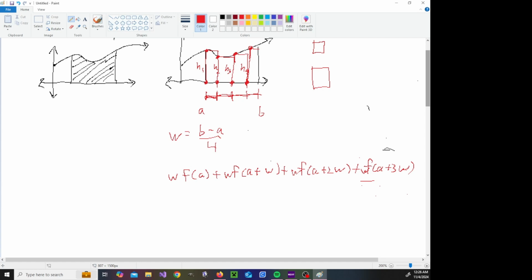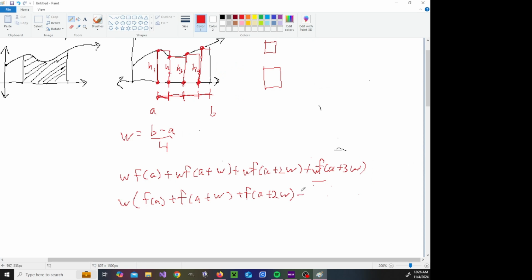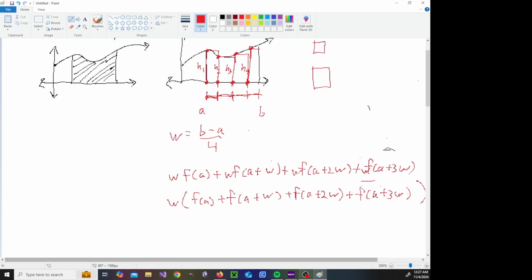If I'm multiplying each of these by w, then I may as well put w all the way on the outside here. So I get to write it like this: w times, f of a plus f of a plus w plus f of a plus 2w plus f of a plus 3w, right on the inside of the function, and all of that gets multiplied by w, the width of my function.